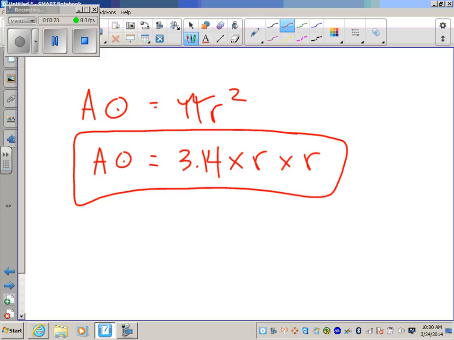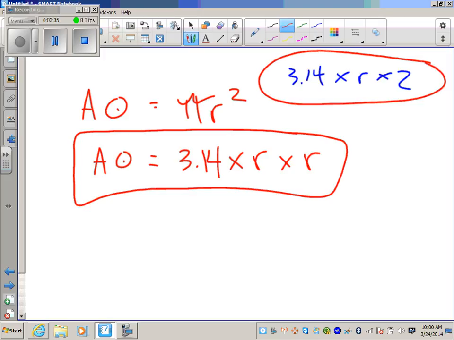So the trick here is this. We want to avoid this. Why? We'll put that circle with the line through it. What is r times 2?